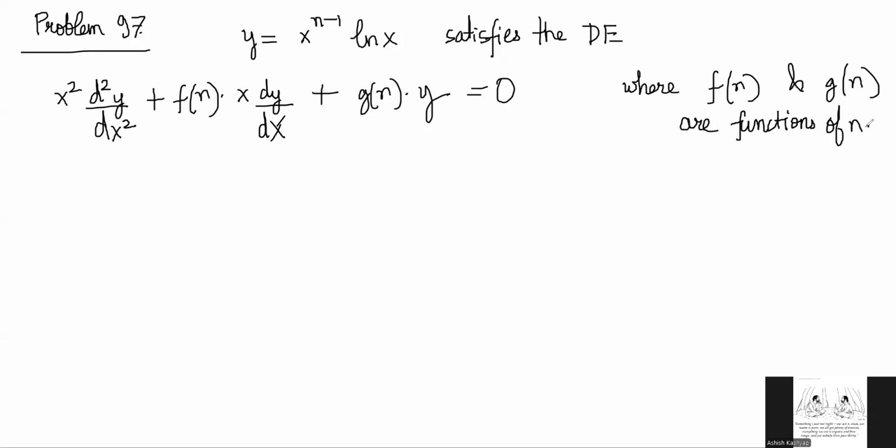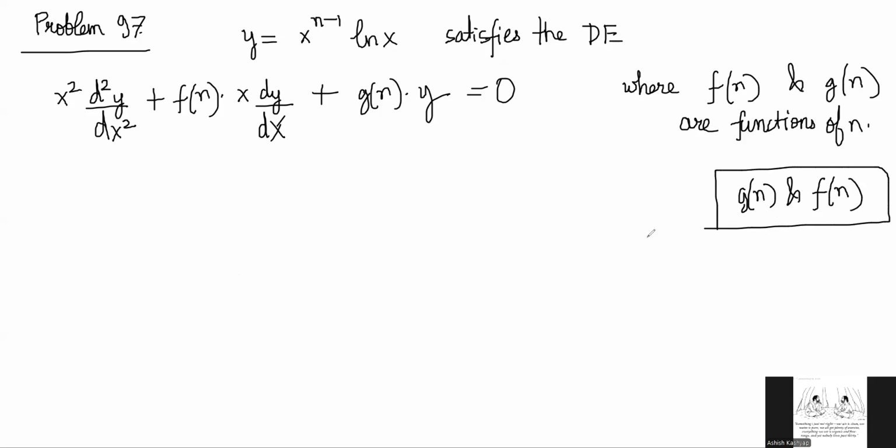Now we have to find out basically the functions g of n and f of n. Our job is to find these two functions. And we are given that this function x power n minus 1 ln x satisfies the differential equation, right?